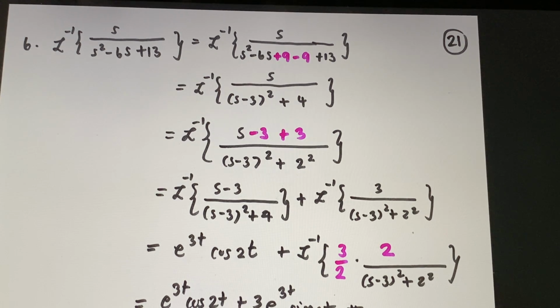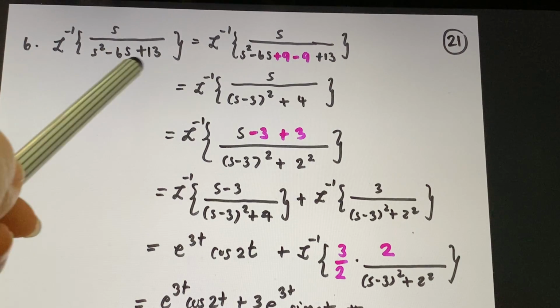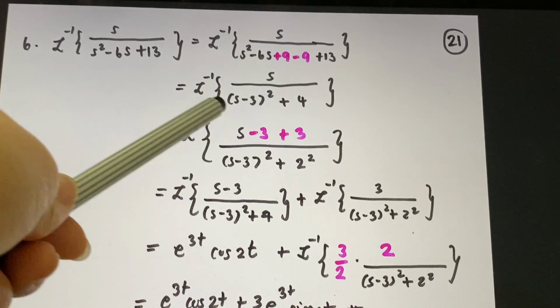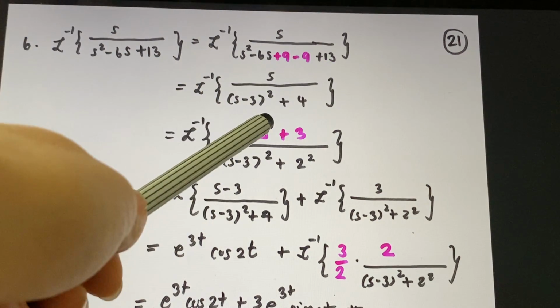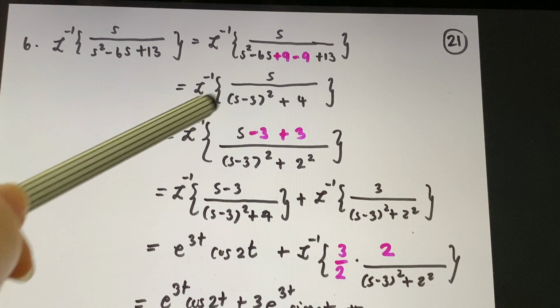When I see 13 and negative 6, I don't think I can factor this, so I'm thinking of completing the square. So s squared minus 6s plus 9 can be combined to be s minus 3 squared, and then minus 9 plus 13 is 4.